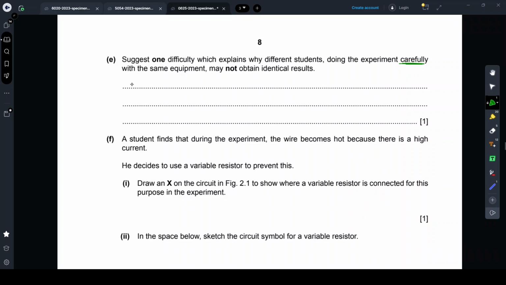So, difficulty in placing the crocodile clip at a precise point. Another thing that is suggested is the connection: the contact between the wire and the crocodile clip is not precise.